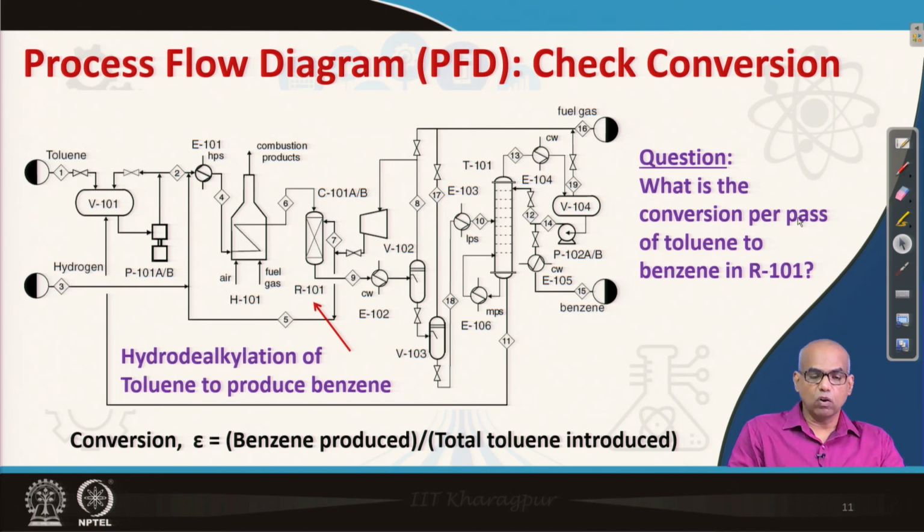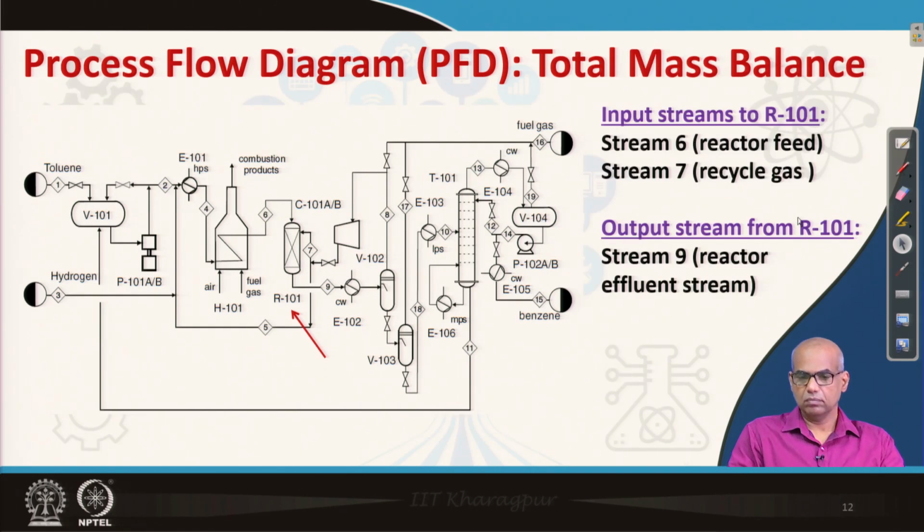Next, let us check the conversion per pass of toluene in R101. You ask the question, what is the conversion per pass of toluene to benzene in the reactor R101? Let us define the conversion as benzene produced divided by total toluene introduced. So, let us look at the input streams to the reactor and the output streams from the reactor.